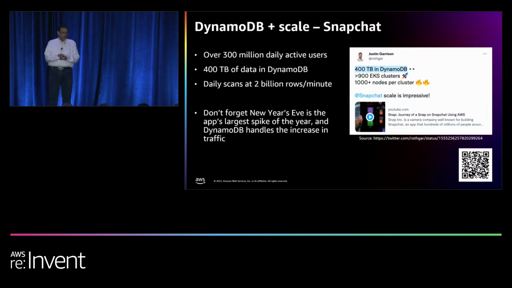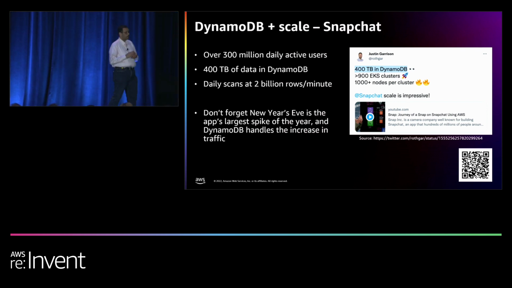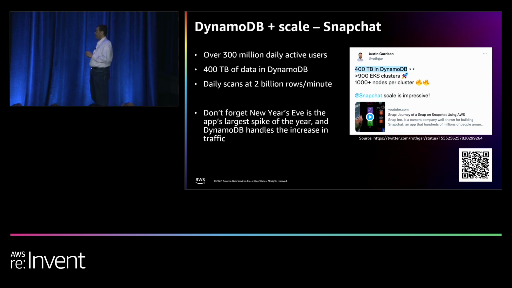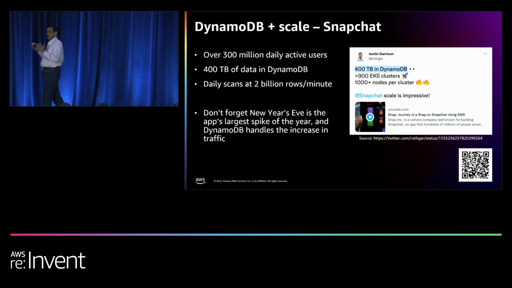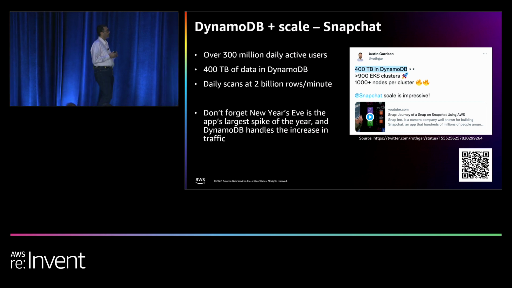All right. So when we were putting this presentation together, Alex sent me this tweet. And by the way, I strongly recommend the 5-minute video, which is linked there. It talks about how Snapchat built their application, how they use Kubernetes and how much data they store.